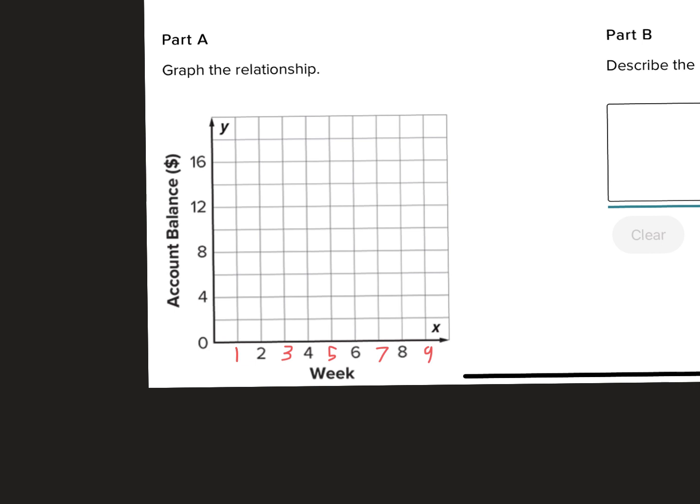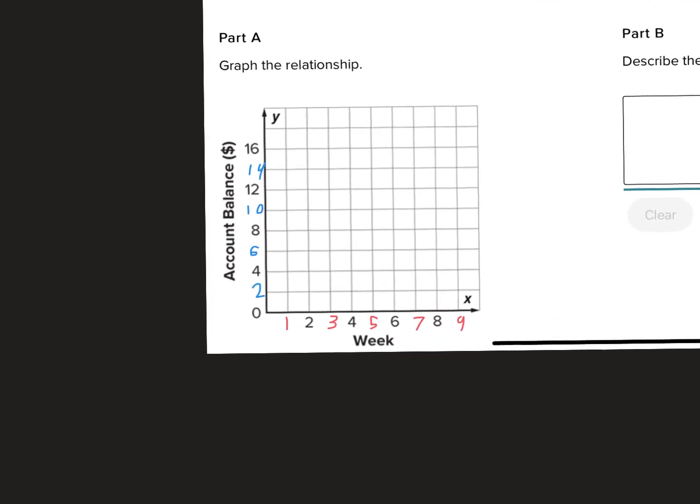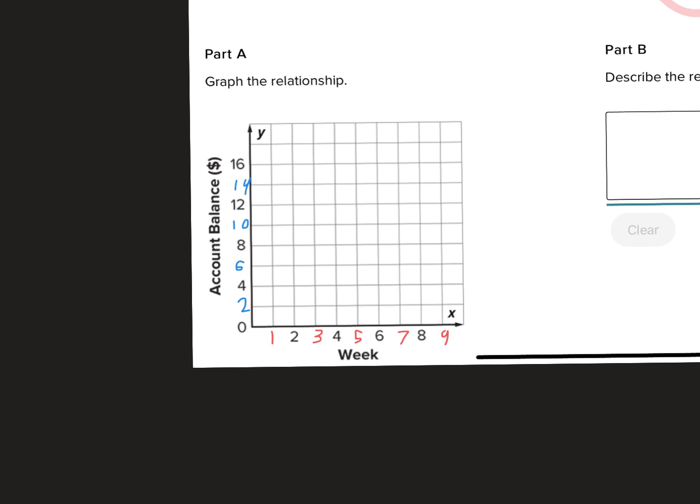Here I have it going up by 4s, and there's a line in between, so the number in between 0 and 4 is 2: 2, 4, 6, 8, 10, 12, 14. Alright, anyway, 0, 10. At 0 weeks, the account balance is $10.